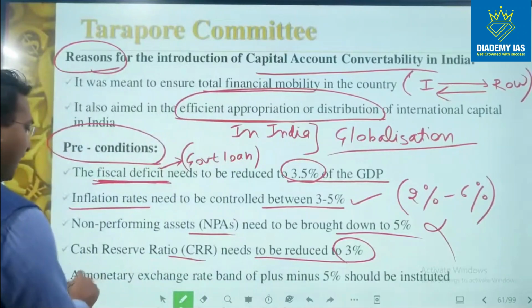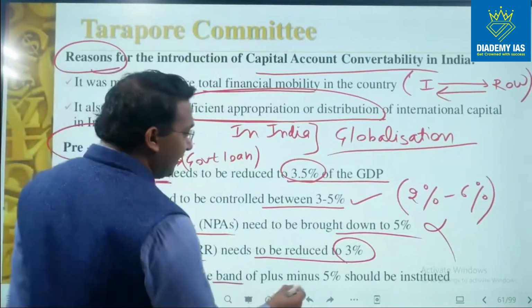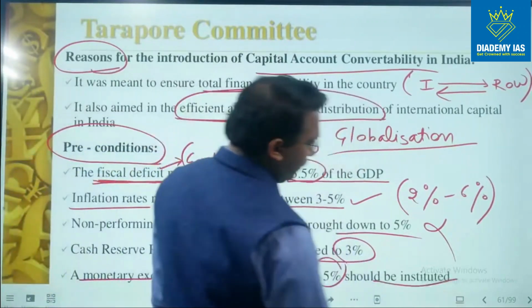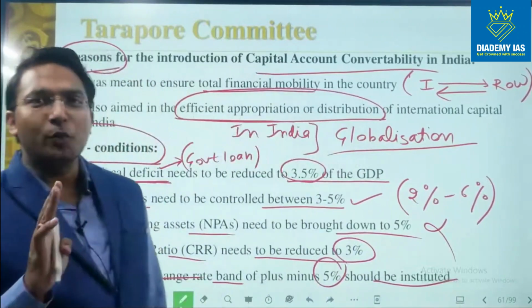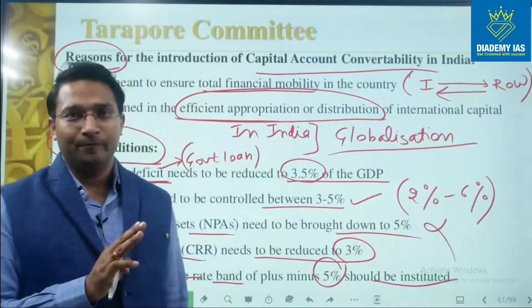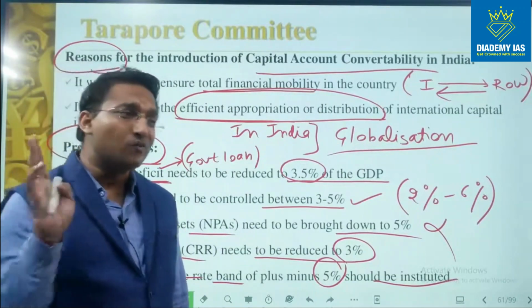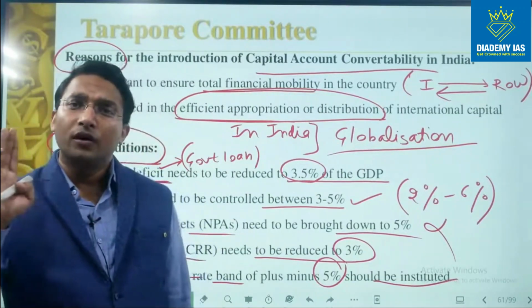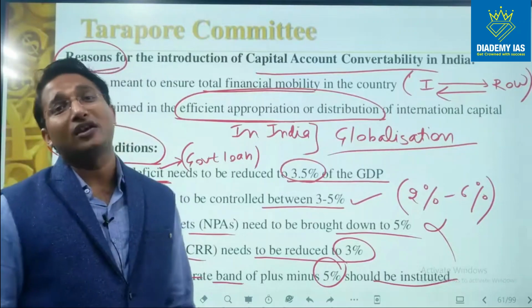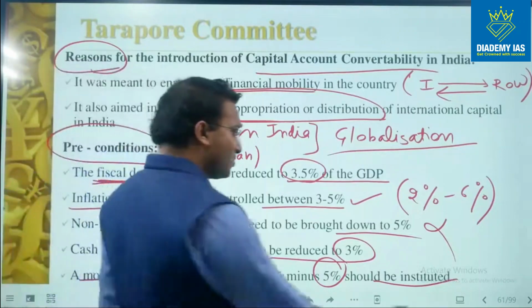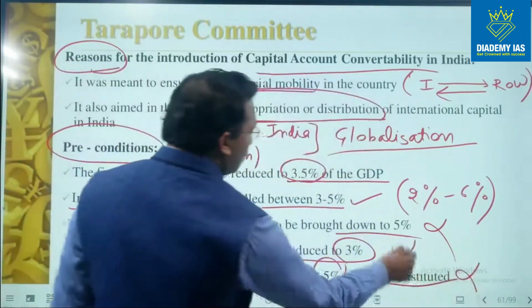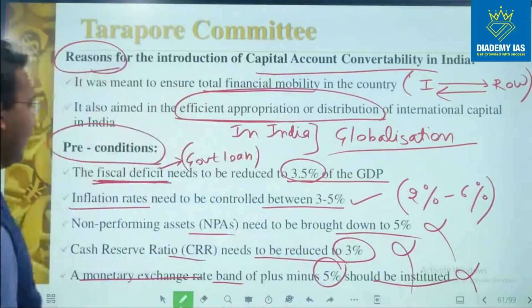A monetary exchange rate band of plus minus 5% should be instituted. That means the fluctuation should be in the range of 5% only. But if we see, the fluctuation is much more, it goes up to double digits during a particular year. So even this condition is not satisfied, right? So these three conditions are not satisfied.